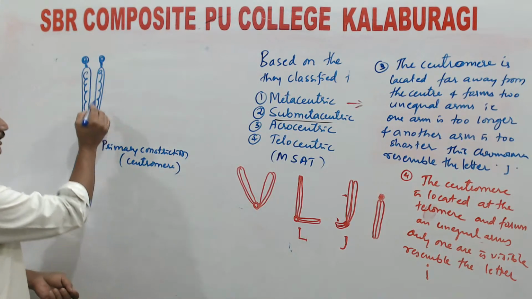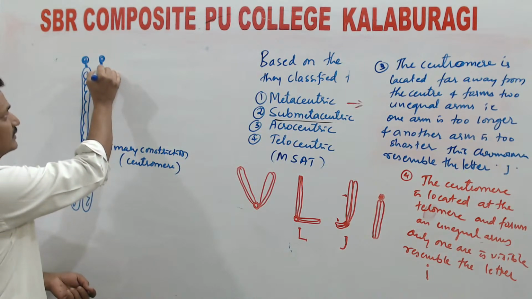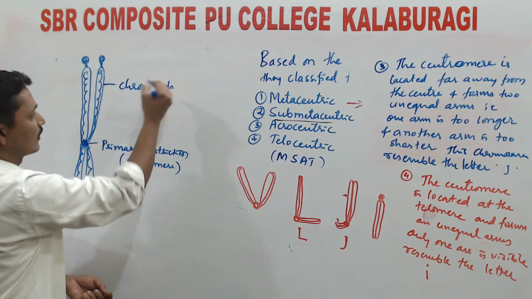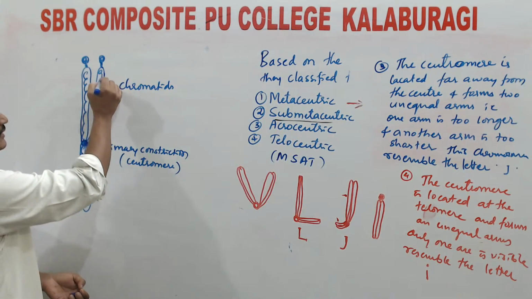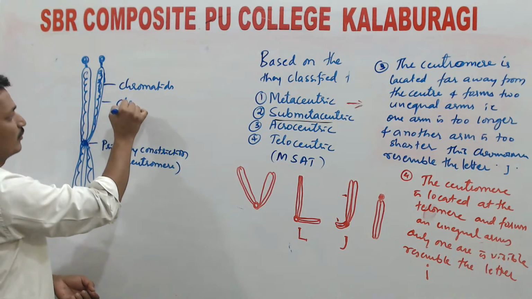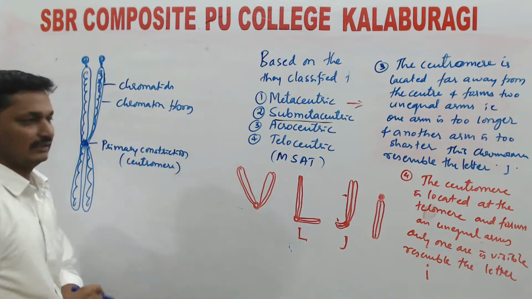Okay, and these arms have two elongated lobes or structures called chromatids. Chromatids are the lobes, and these chromatids have a coil-like structure inside called chromatin fibers or chromatins.